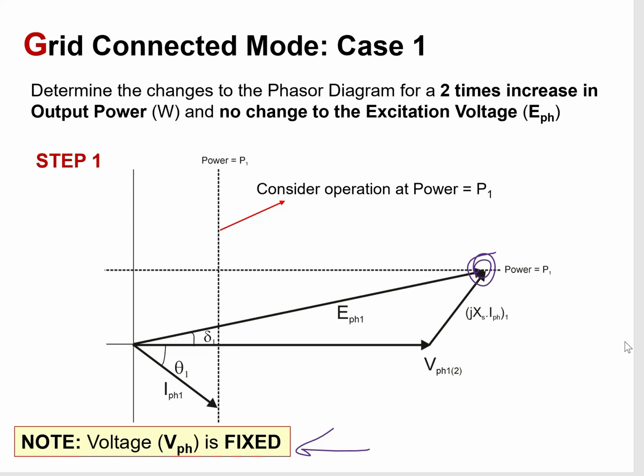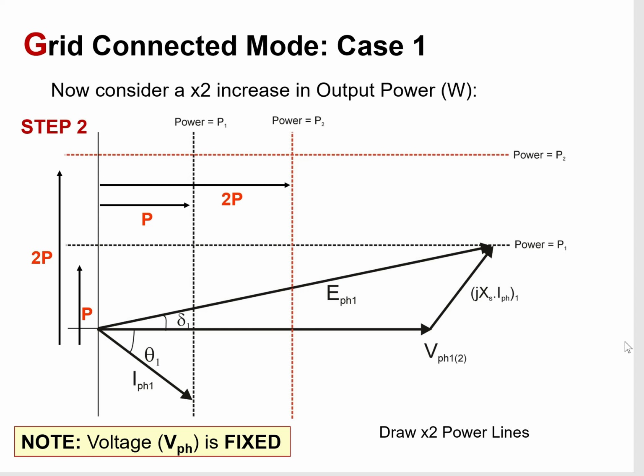Now, in order to understand the length of that power on this axis, this is the power axis, let's say. So this is P1, and the amount of it is determined by the component I phase times cosine theta. So we will have this much as the first P, the initial P.